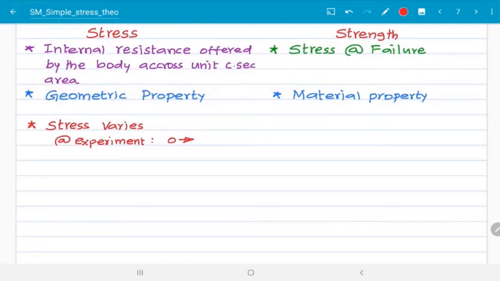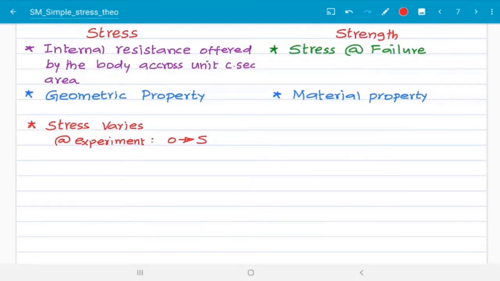Up to which value will stress grow? Up to the strength value. Very good. 0 to strength. Right.